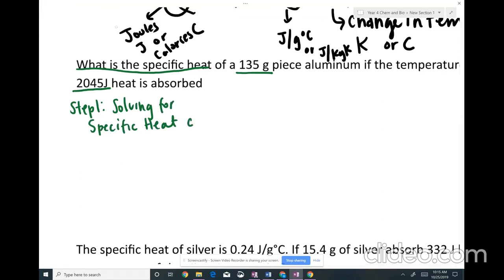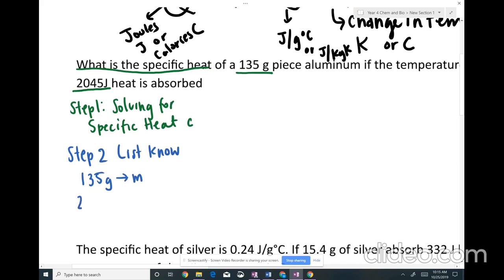Our step 2 is list knowns. So we're going to list what we know. We have our 135 grams of aluminum, and that is a mass.